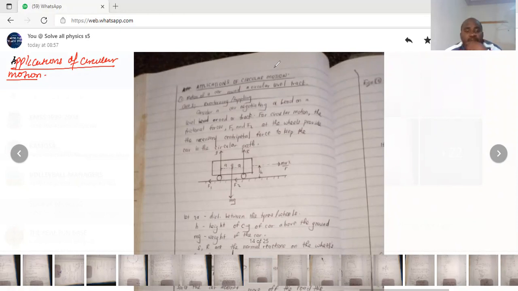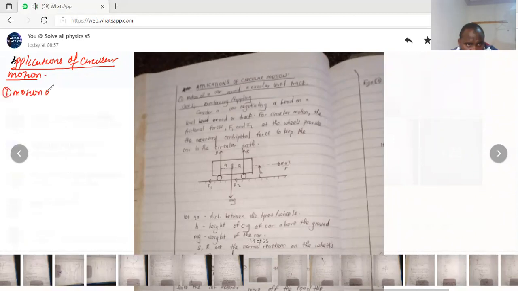is vehicles negotiating bends on a horizontal path, also vehicles negotiating a bend on an inclined road or on a banked road. And this is where we have cases of what we call toppling or overturning. So the first one is motion of a car around a circular level track.